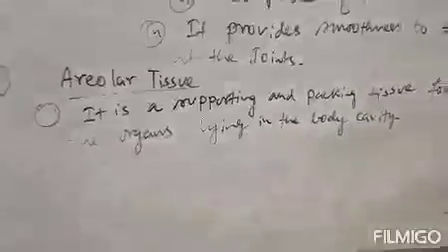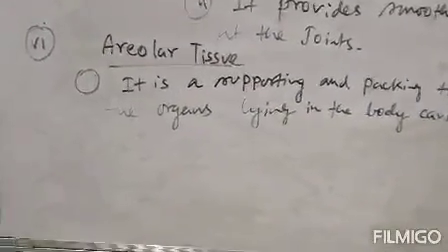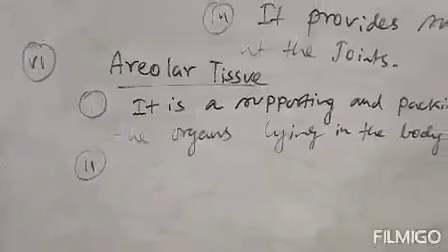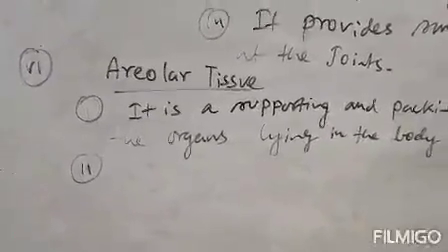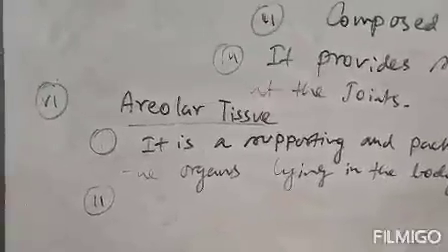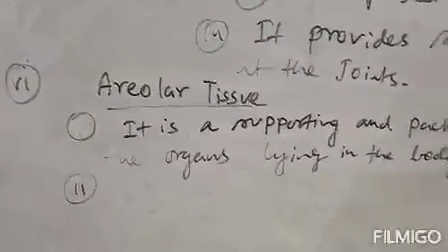It is also located between skin and muscles, around blood vessels and nerves, and also in the bone marrow. Clear? So this is areolar tissue.